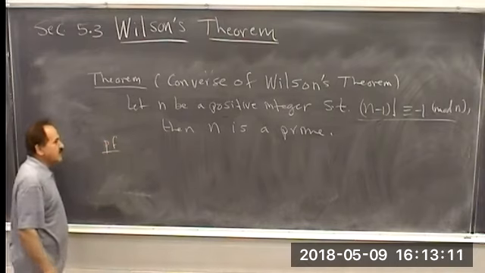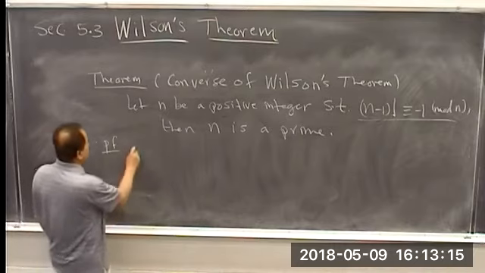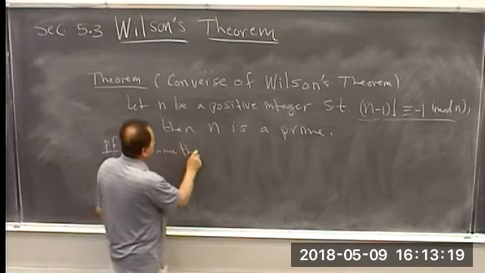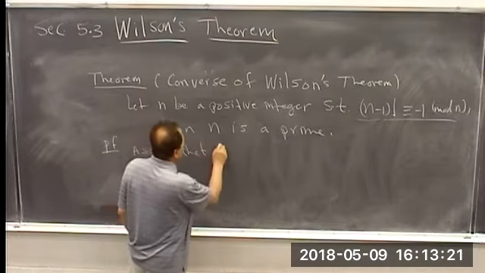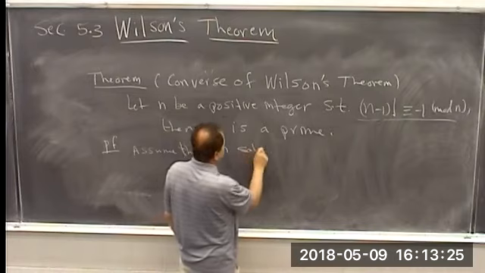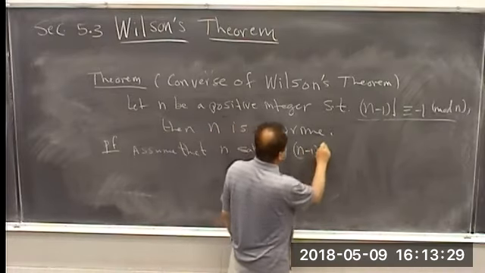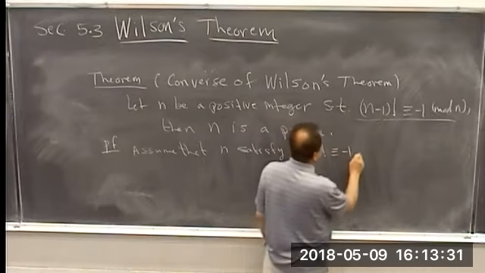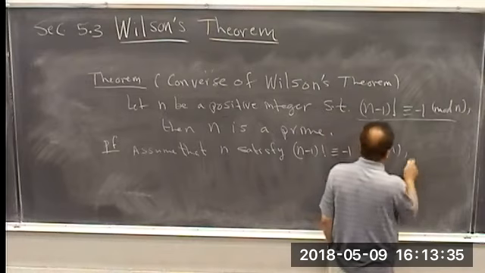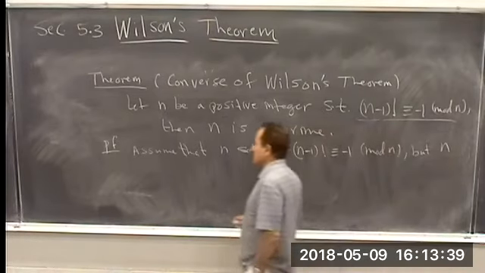All right, the proof of this is very simple. We're going to assume the contrary, okay? So we're going to assume that n satisfies this congruence relation, but n is composite.